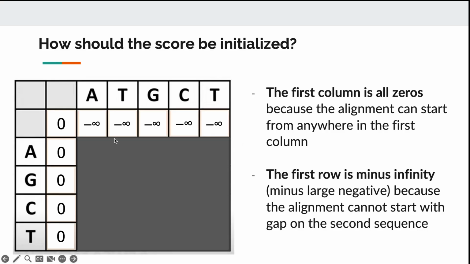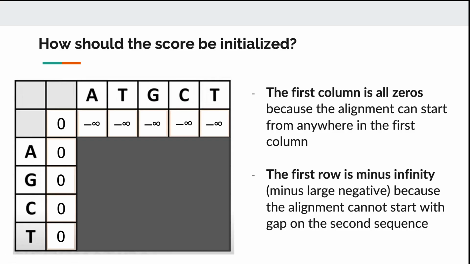And we put a large negative value, like negative infinity, just for notation's sake, to designate the fact that our alignment cannot start from any columns other than the first. It cannot start from up here, because starting from up here means that you are adding gaps to the first nucleotide of the second sequence.